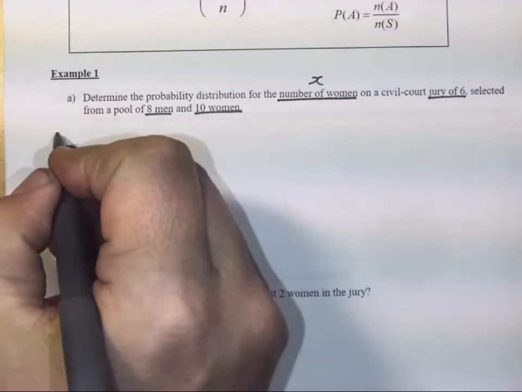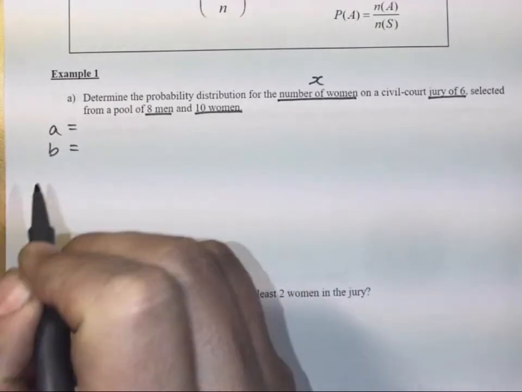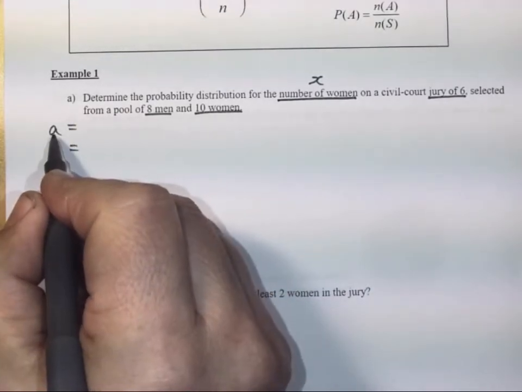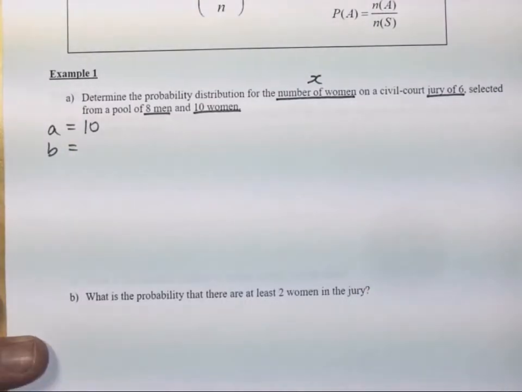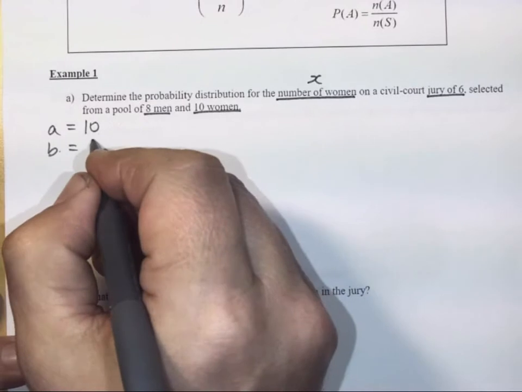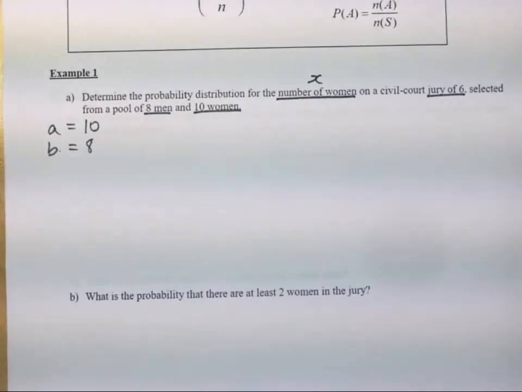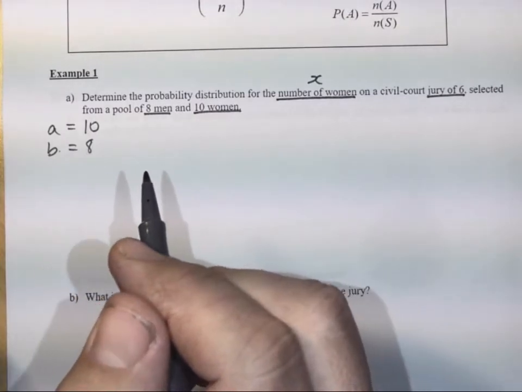So let's start by defining what our successful and unsuccessful groups are. A is the group of successful things. If we're looking for women, then that would be 10 women in that group. B, unsuccessful, that's the 8 men. If a man ends up on the jury, we're counting that as a failure or unsuccessful event.